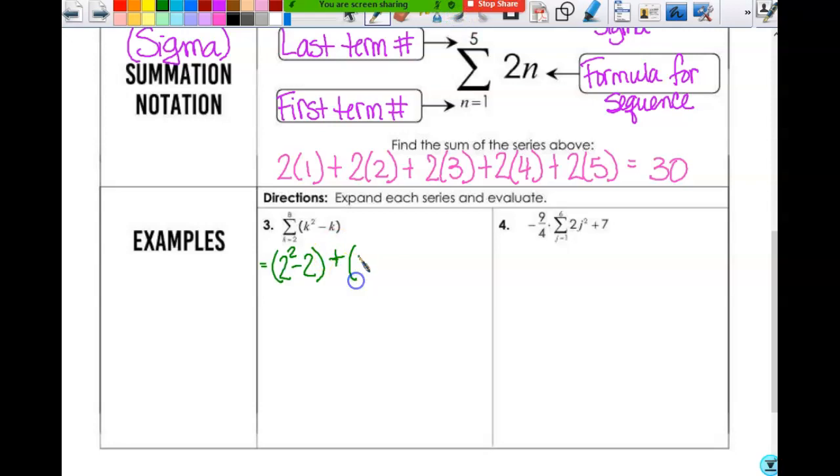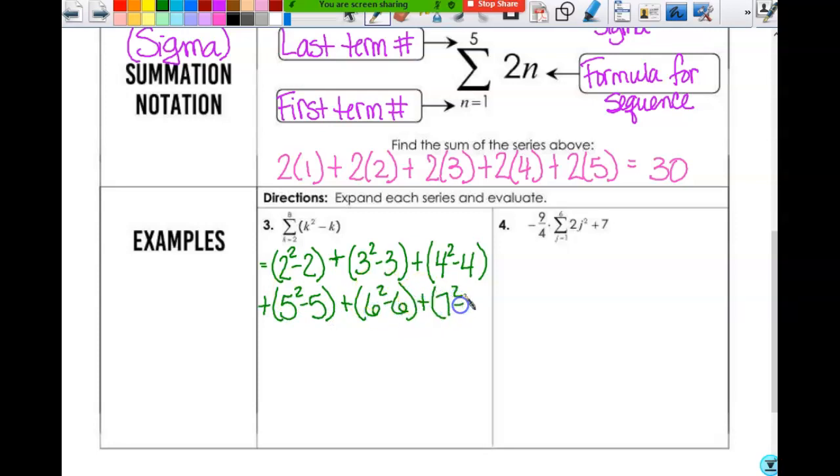Plus 3 squared minus 3 plus 4 squared minus 4 plus 5 squared minus 5, 6 squared minus 6 plus 7 squared minus 7 plus 8 squared minus 8.